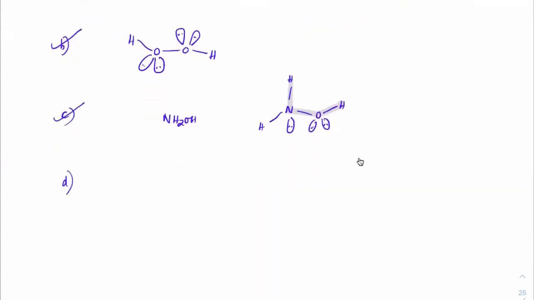Then D. Check out in case you have CH2 double bond CH2. Here we have hydrogen, hydrogen, double bond, hydrogen, and hydrogen. Although it has 4 atoms and they're all sigma bonded, one of them also has a pi bond.